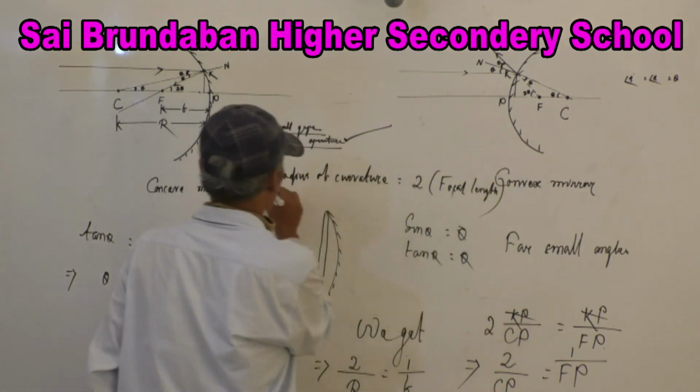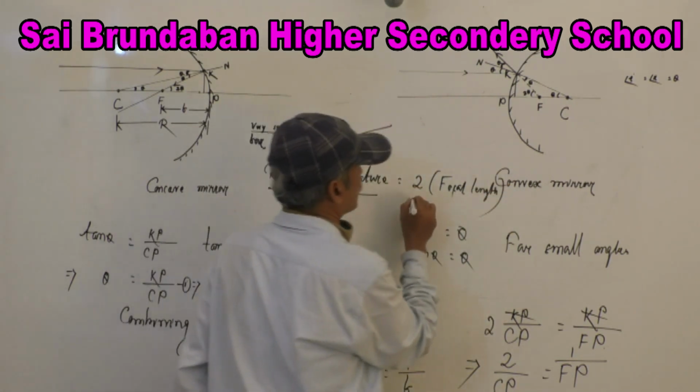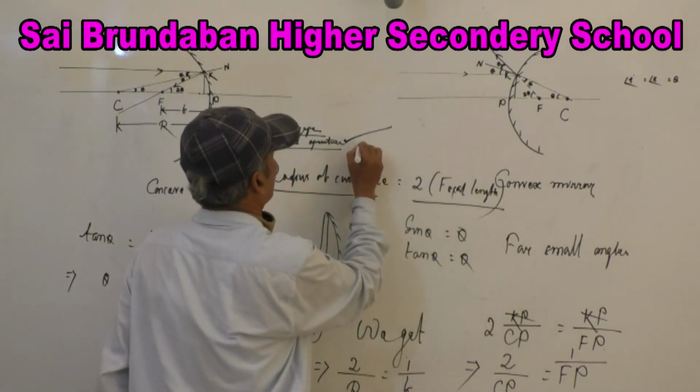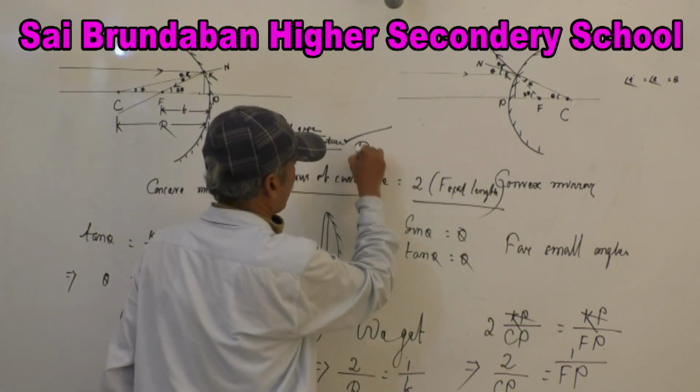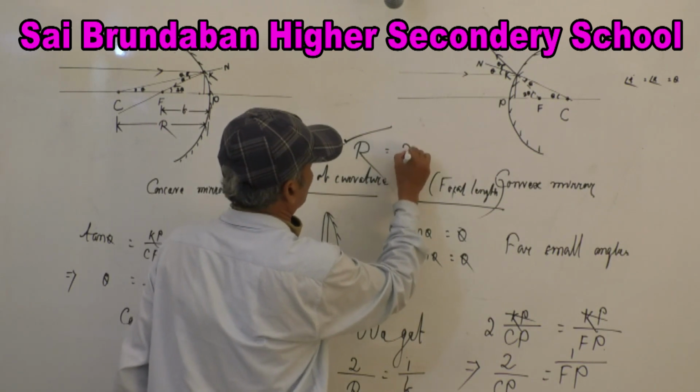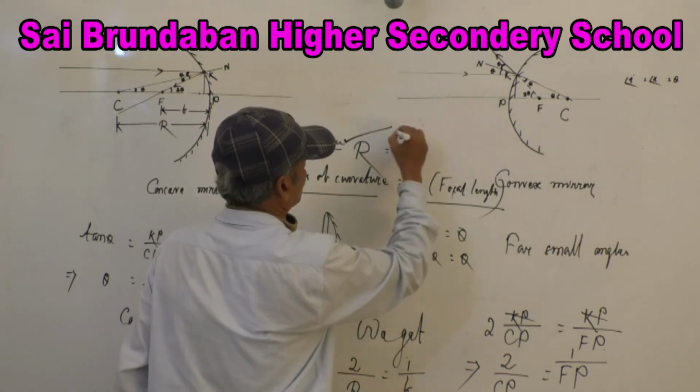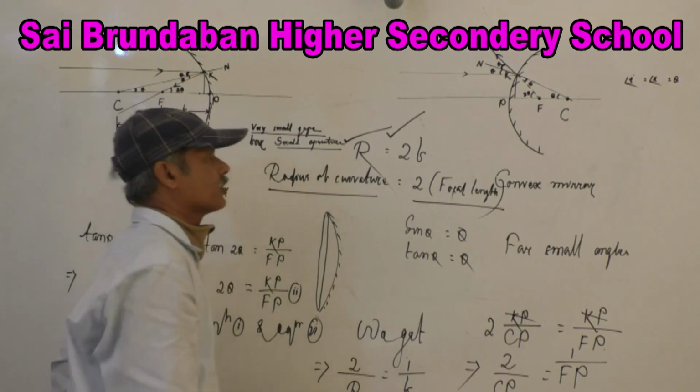This is very important. Radius of curvature is equal to 2 times focal length. R is equal to 2F. This is very, very important. R is equal to 2F.